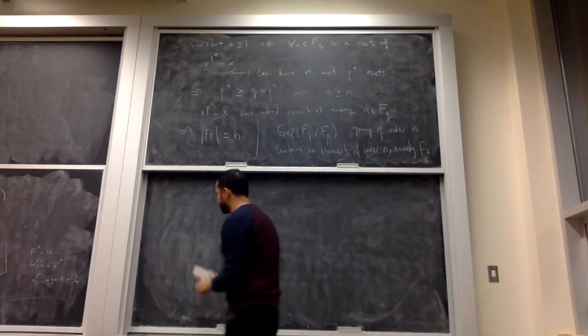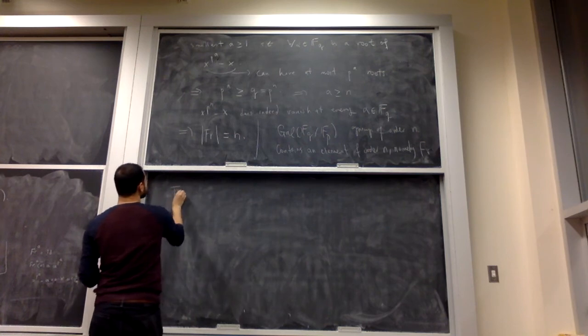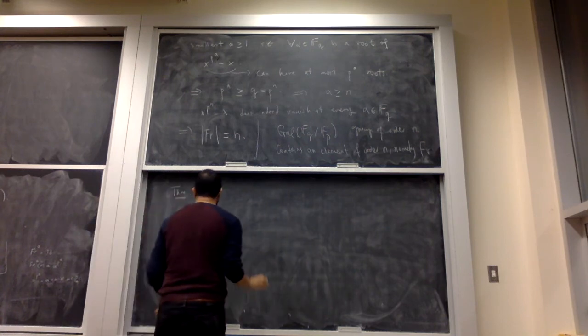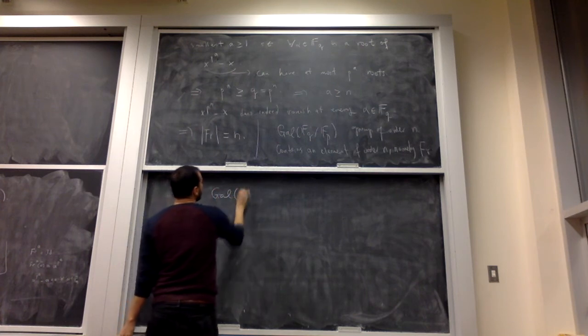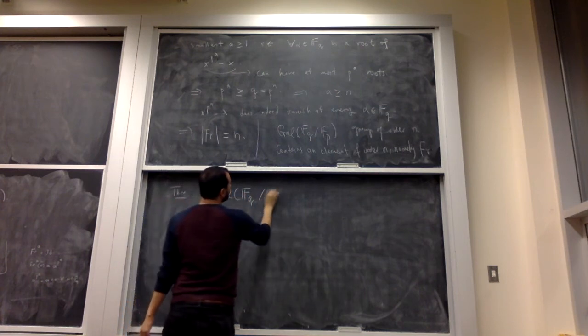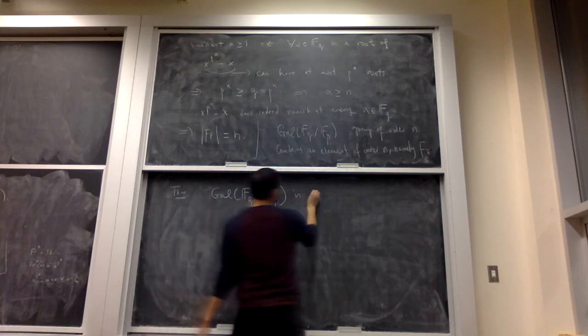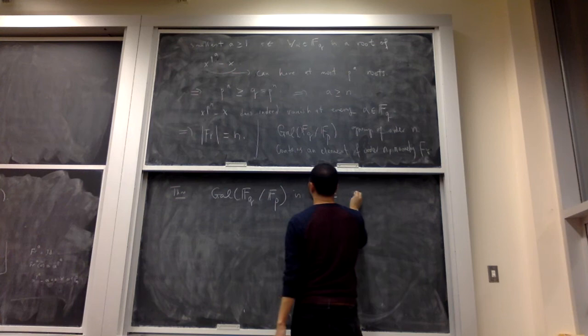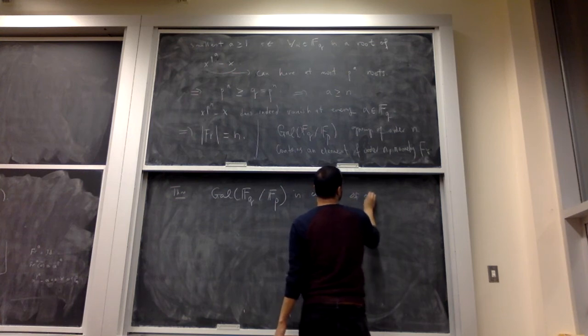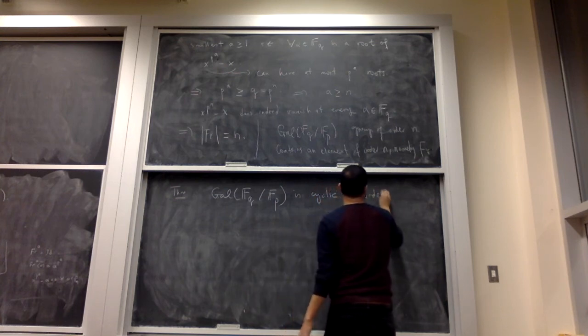So let's record this as a theorem. The Galois group of Fq over Fp is cyclic of order n.